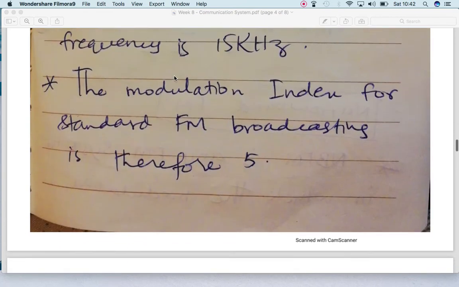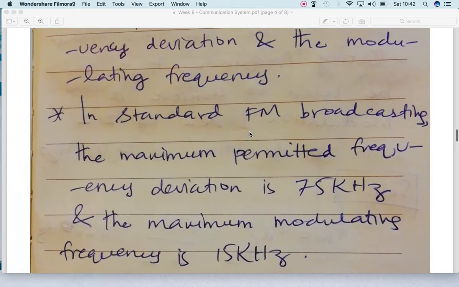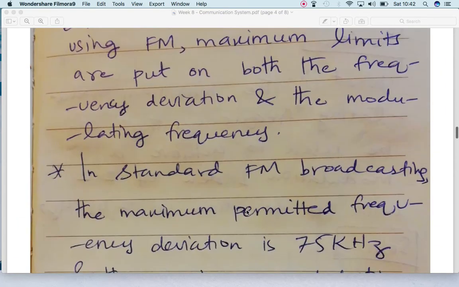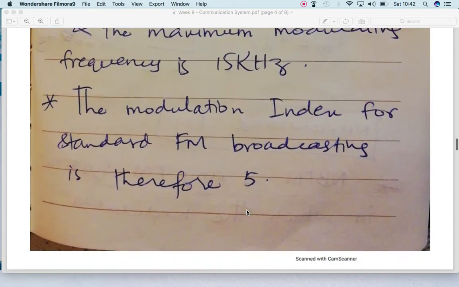So when we put these values in the formula of the modulation index, which is MF equal to FD by FM, we can see that the modulation index value is 5, which is permitted for the FM broadcasting applications.